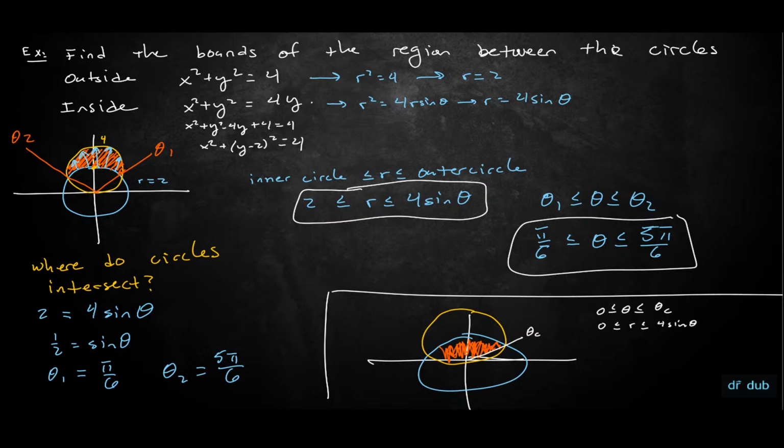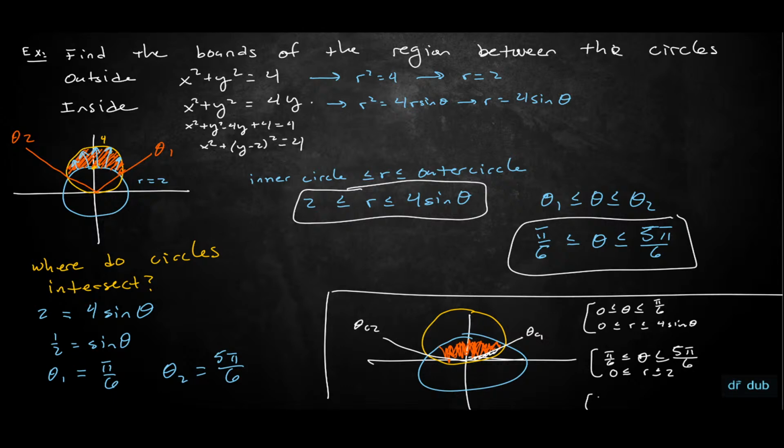Then for pi over 6 less than theta less than 5 pi over 6, I would say r goes from 0 to 2.